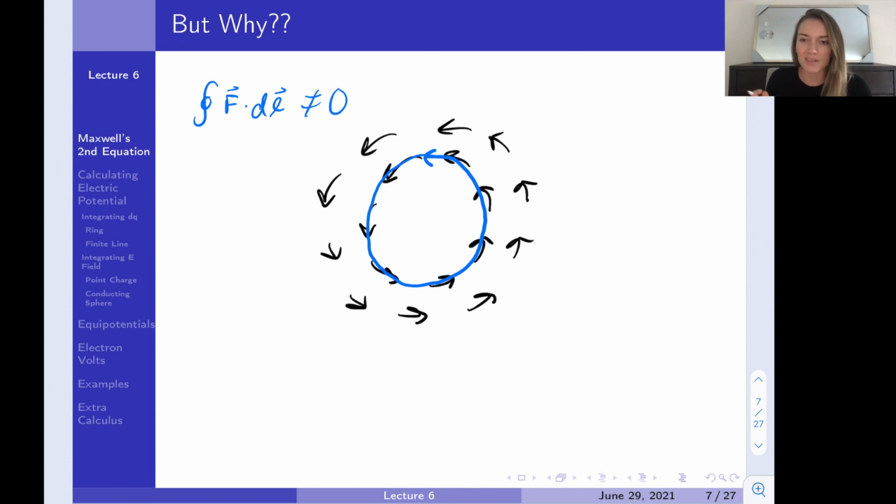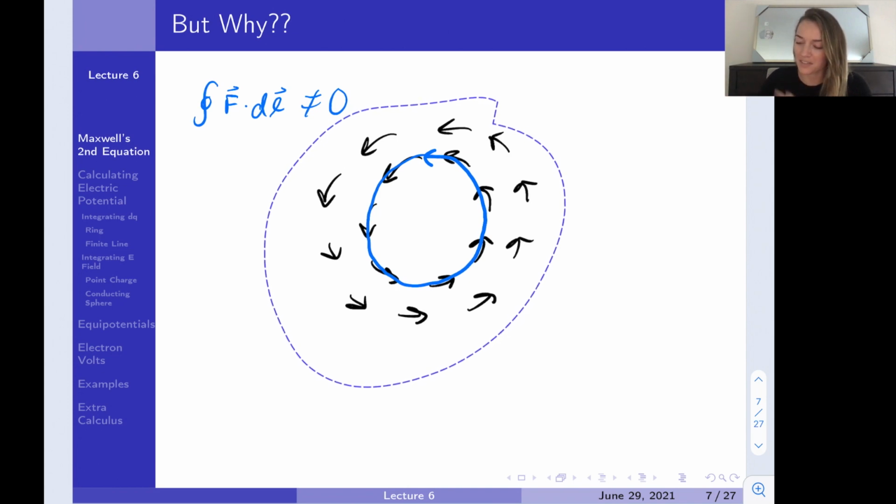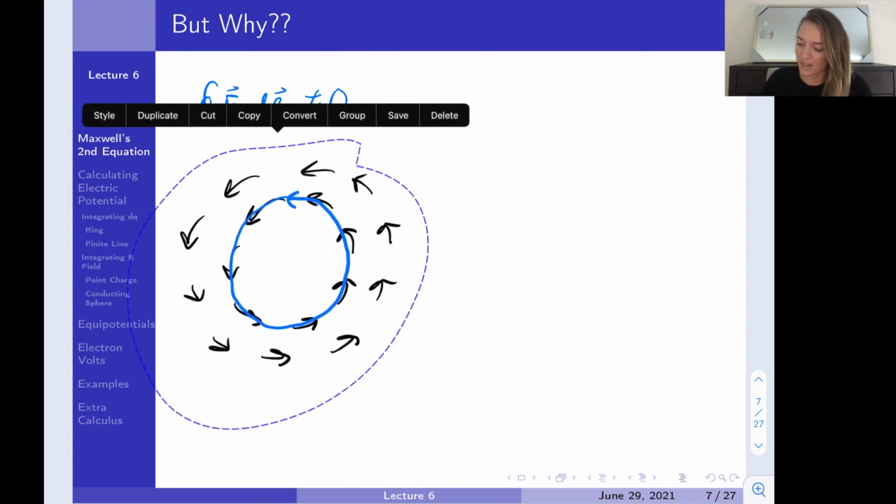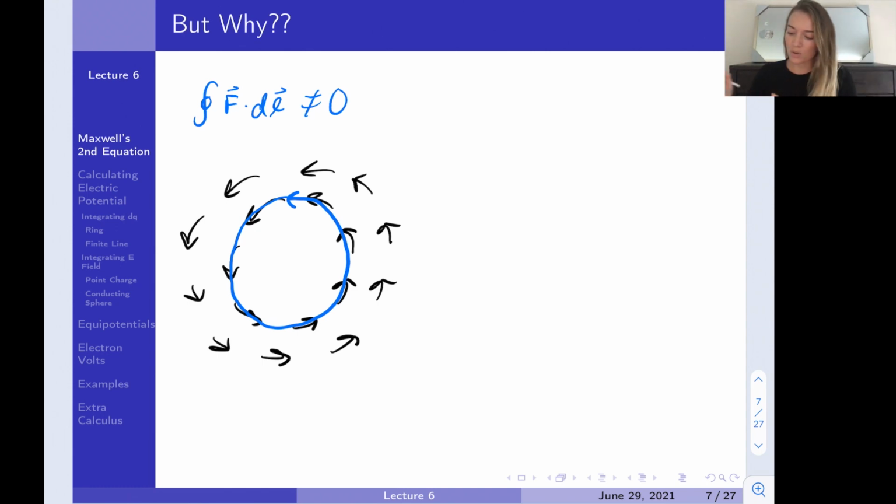And for the math majors in the class, I think there's like 2 math majors, I'm being a little bit sloppy with some of my nuances here, so just take this as a rough way to conceptualize this. So now let's take a field that has no curl. So we see that if you do a line integral around a field that has a curl, you have to get a non-zero answer. So right away we can see that this can't be conservative.